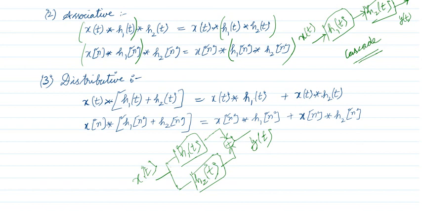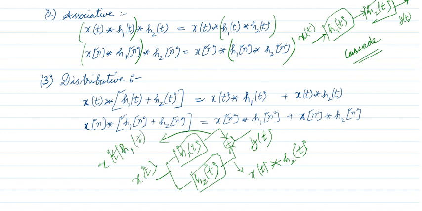Okay, because see what is the signal available at this point. Here I can get it as x of t convolved with h2 of t, and here it is x of t convolved with h1 of t.